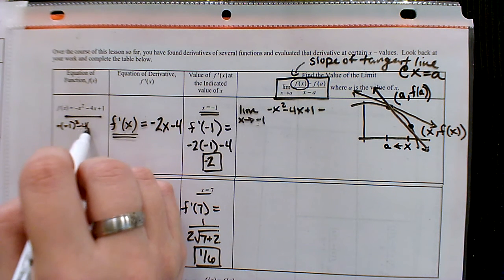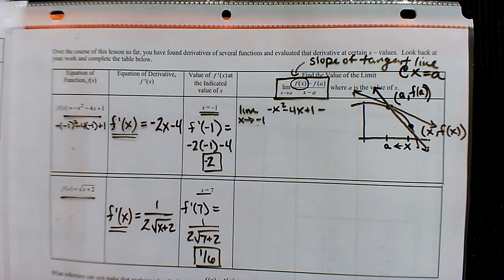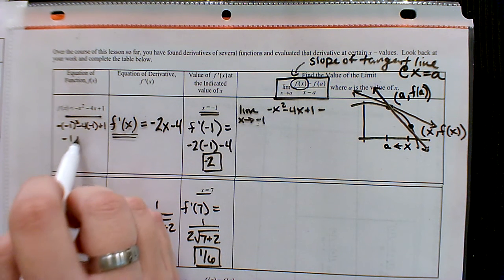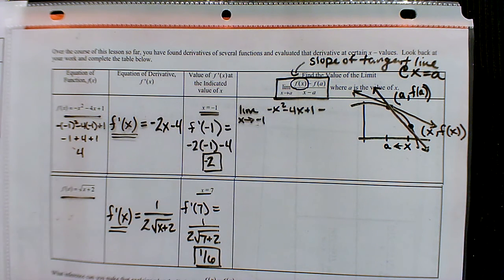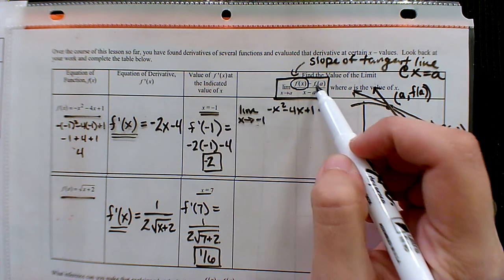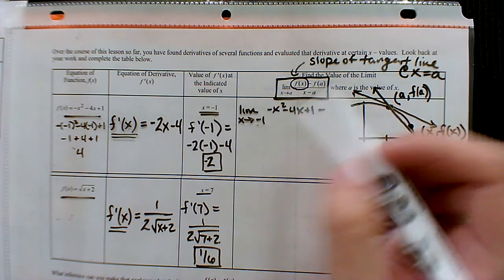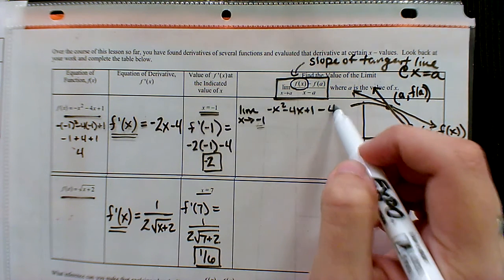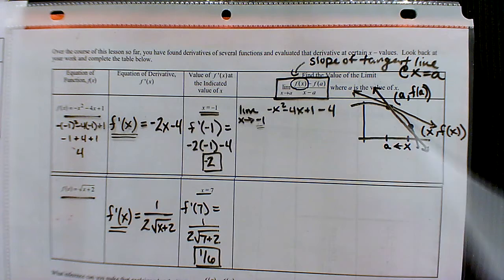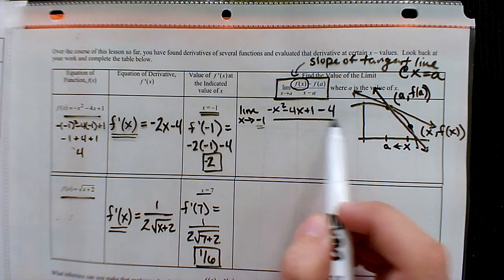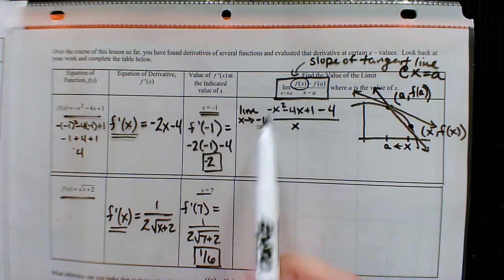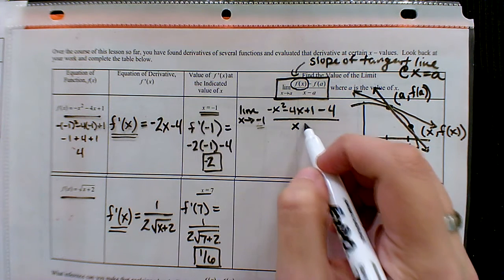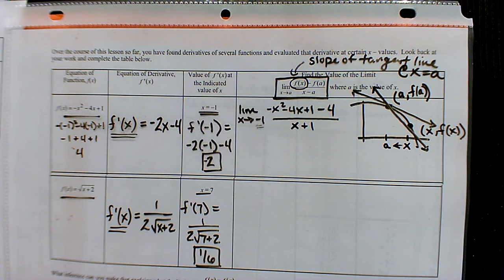We're going to plug in -1 into the original equation to see what that number value would be. Looks like -1 plus 4 plus 1, which would just be 4. So f of a, in this case f of -1, would be a value of 4. So we're going to subtract that. And this is all over x minus a, meaning x minus -1, so that would change to a plus.